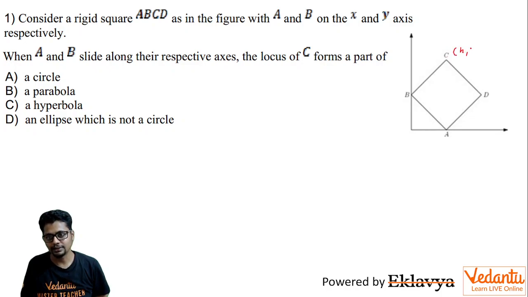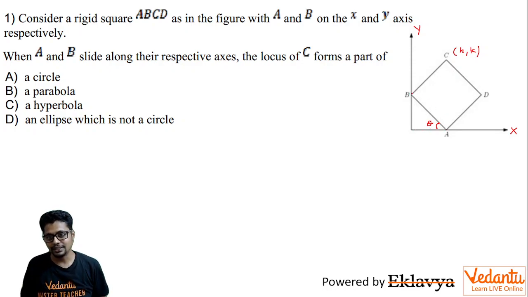Let's say this point is H comma K. Let's say as this rigid square slides, A slides along x-axis and B slides along y-axis. Let's say this angle is theta, which is varying as this rigid square slides.